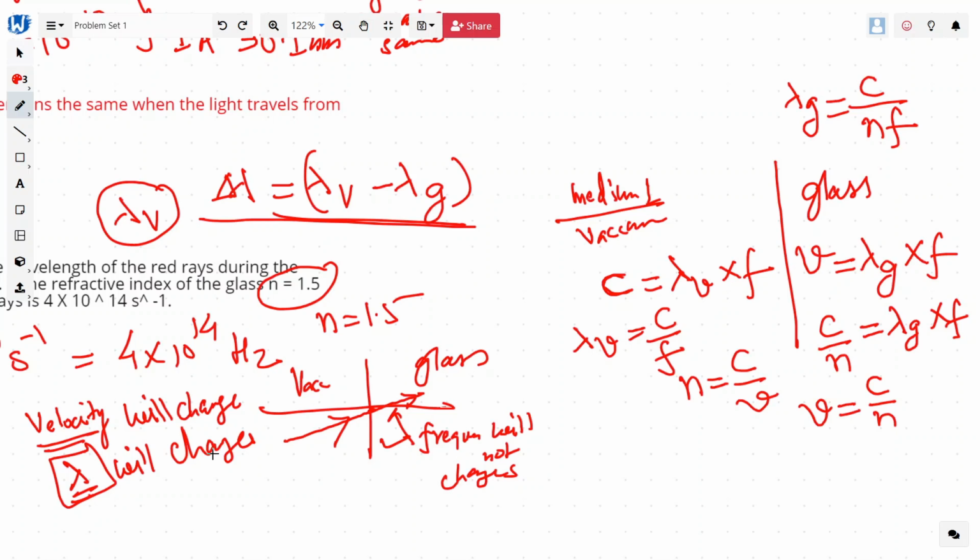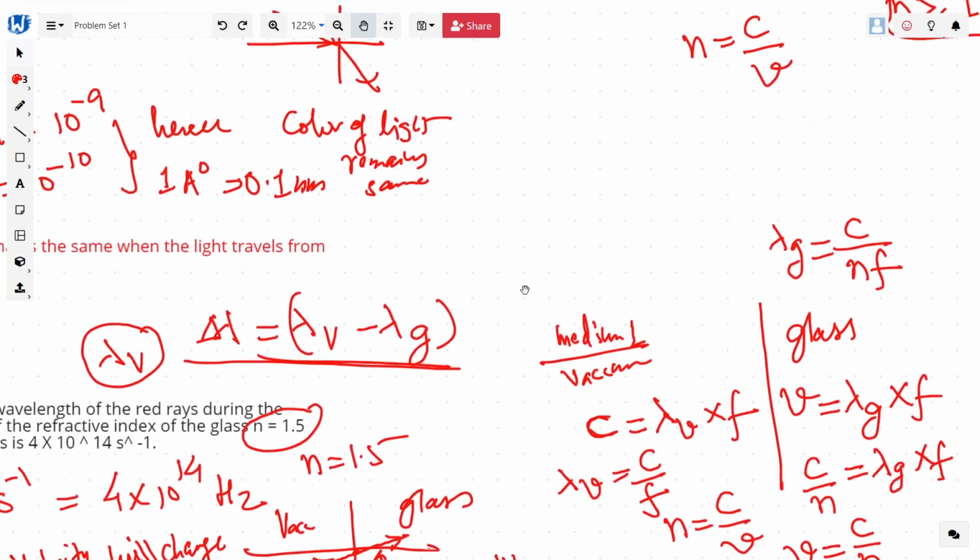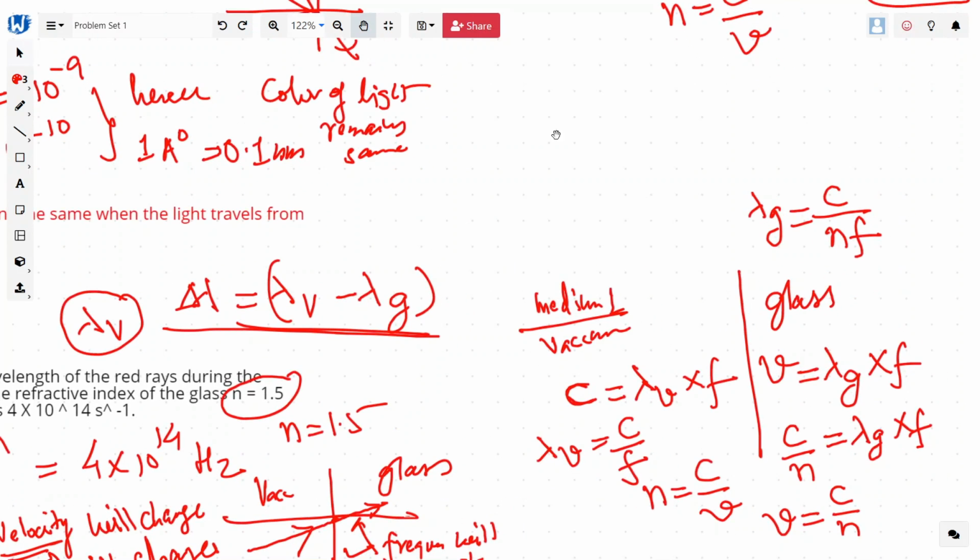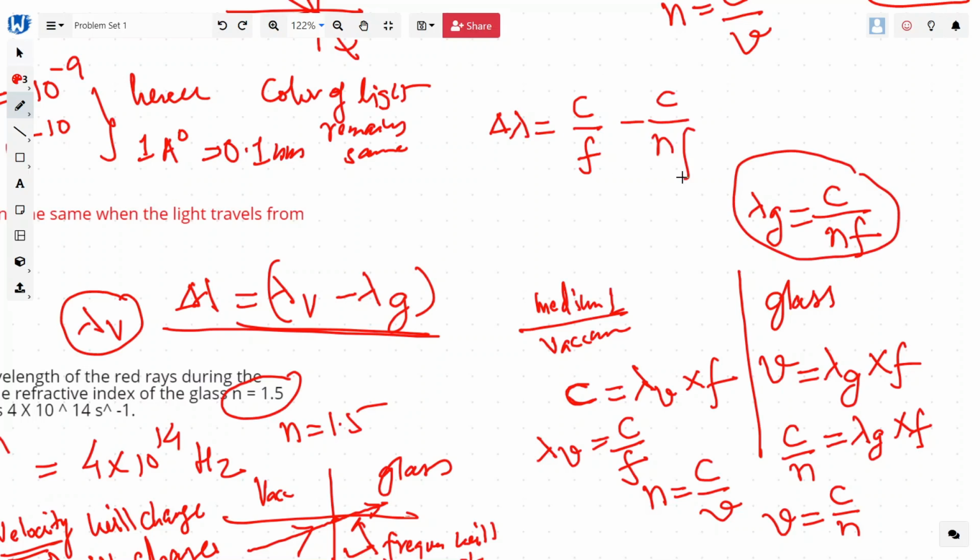And now simply, as we said, we need to determine this difference. So we are going to write here delta lambda, lambda V, c by f minus lambda glass, c by nf.